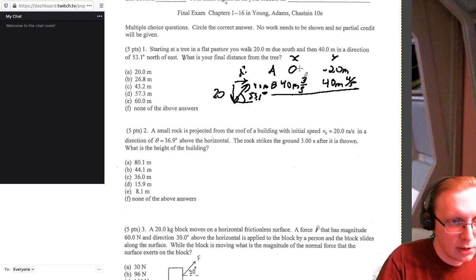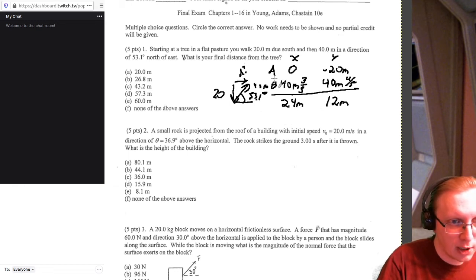Add those together, and so 40 divided by 5 is 8. 8 times 3 is 24. And then for y we have 40, 8 times 4 is 32, less 20 is 12. So here's our position in x and y: 24 meters east, 12 meters north.